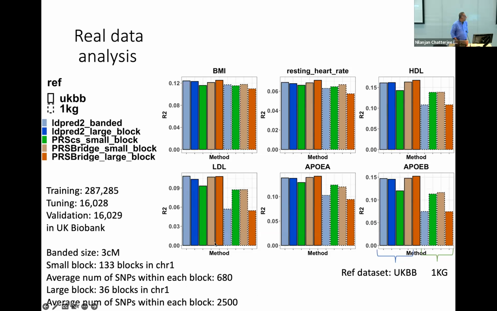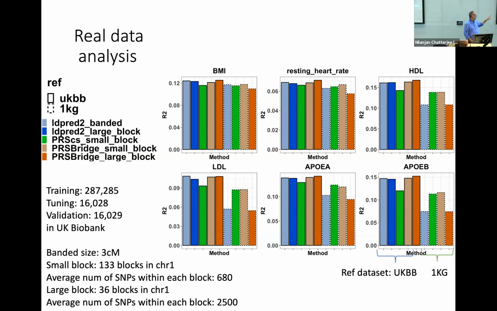And then you have 2 versions of each, depending on whether the LD matrix was estimated from the 1000 Genomes reference sample, which is a relatively small sample size, shown on the right side with a hyphenated bar, or on the left side, where the LD matrix is estimated based on a much larger sample size, actually based on UK Biobank itself. So the main take-home message here is, one thing, that we didn't see too much difference in performance in terms of the prior.